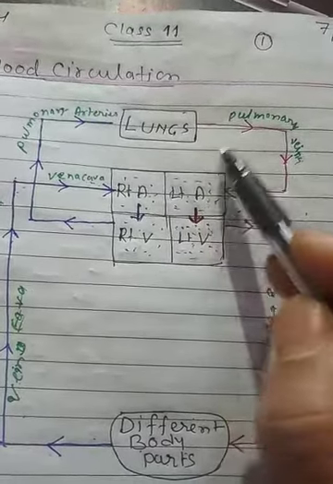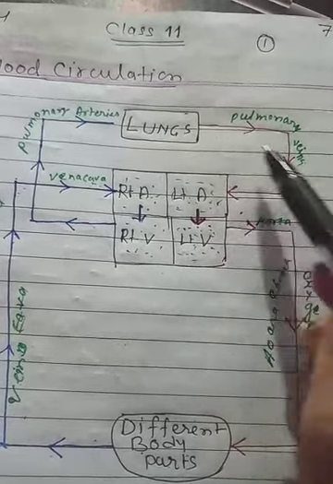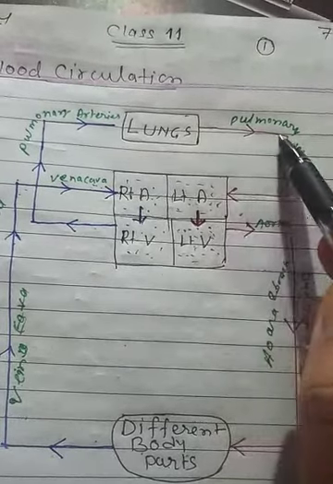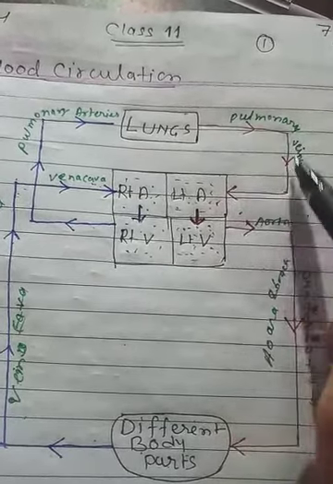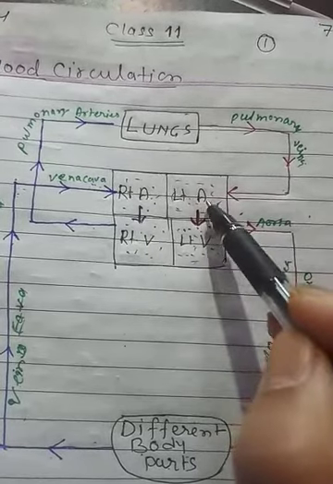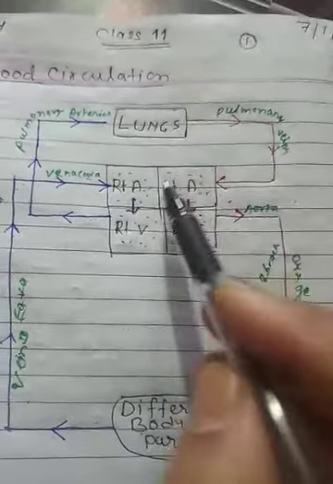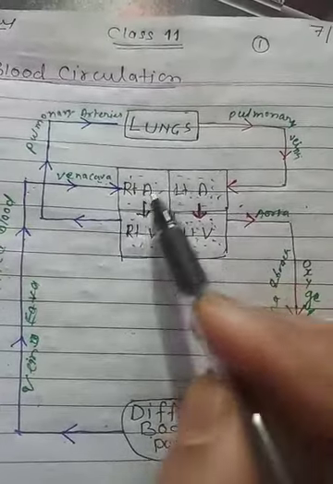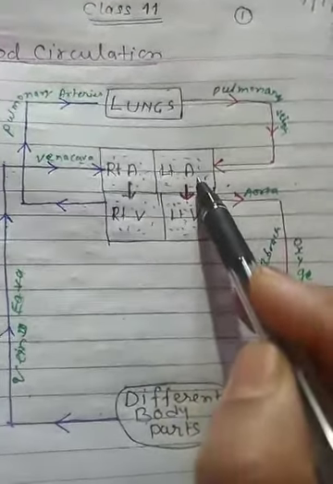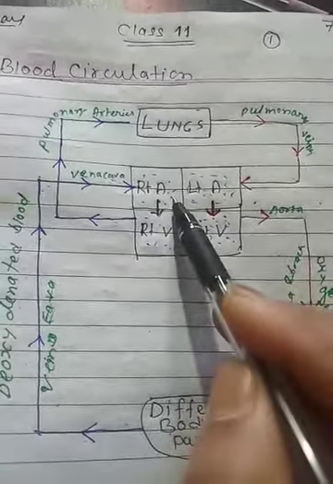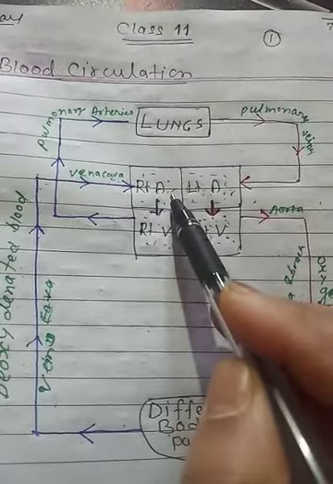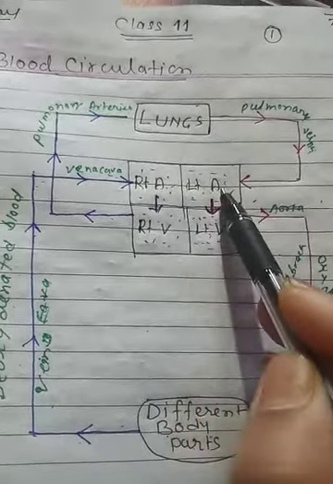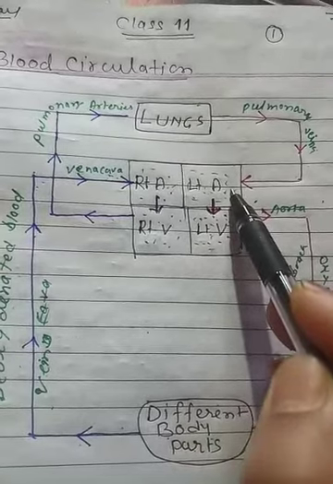That means pulmonary veins bring the oxygenated blood from lungs to left auricle. Both auricles are full of blood, right auricle with deoxygenated blood and left auricle with oxygenated blood.